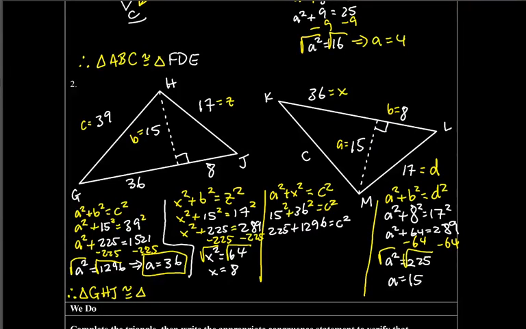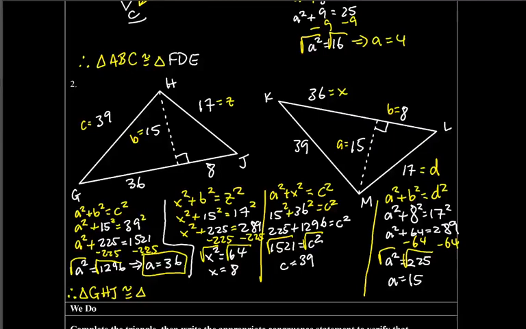Okay, let's add those together, and we get, let's see, 1521 equals C squared. That means C equals square root that, and we get 39. So that is 39.